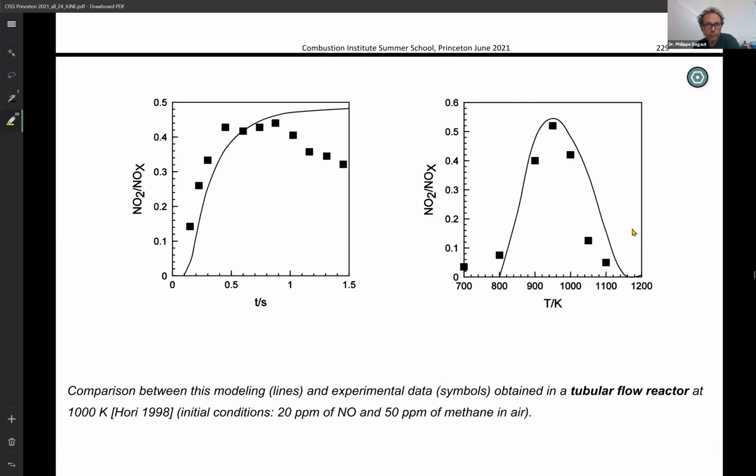And they plotted the NO2 over total NOx as a function of time, and in two different conditions. This time they used the experiments from the Japanese group of Professor Ori, and they used a much smaller quantity of NO in these experiments.